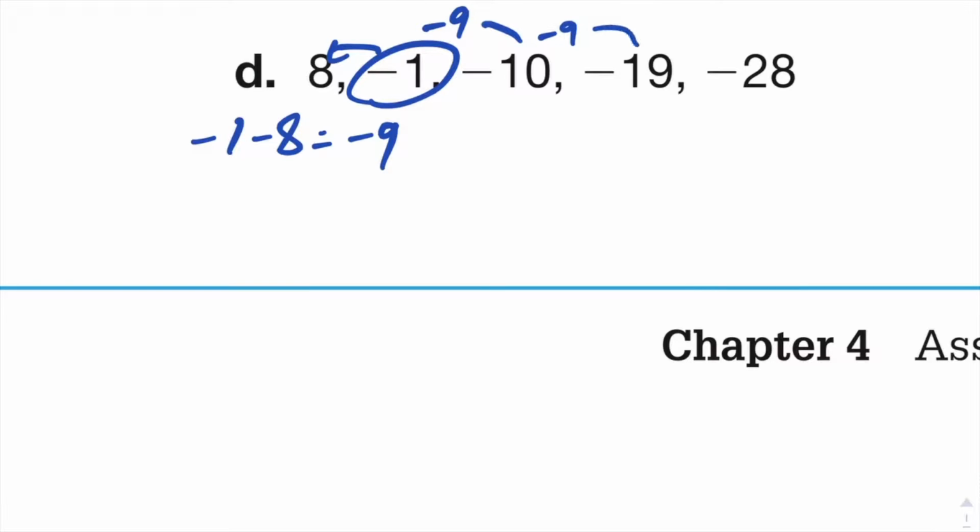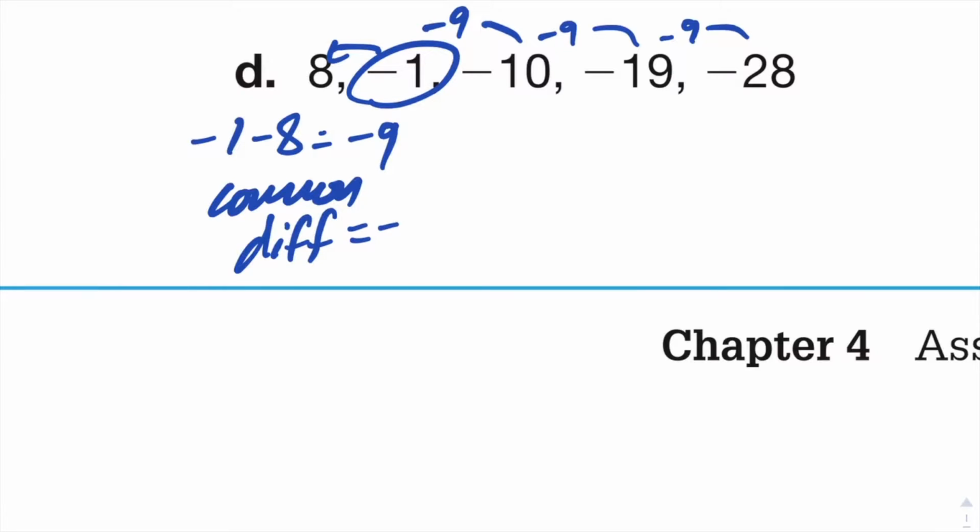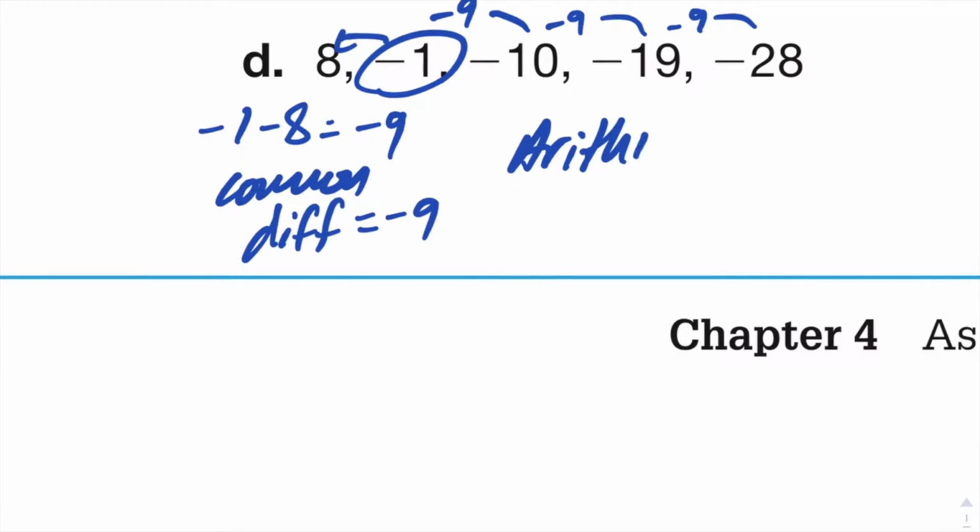Take away 9. Yep, that works. So we know the common difference is -9. And it's arithmetic.